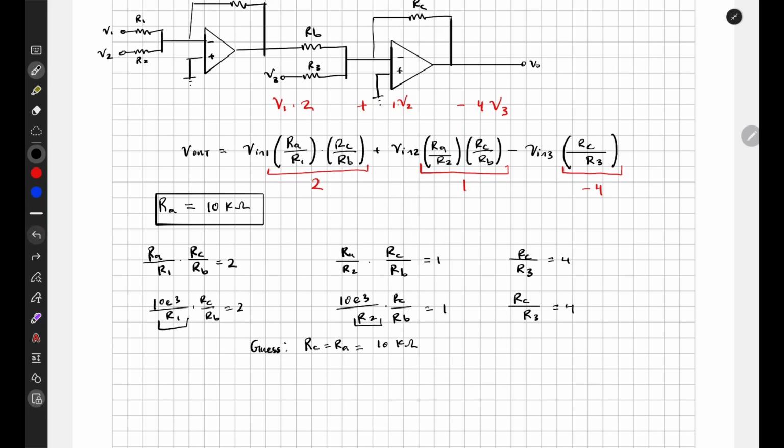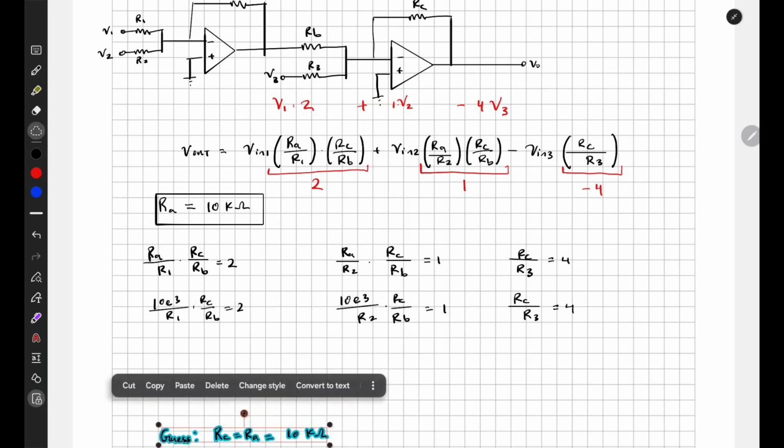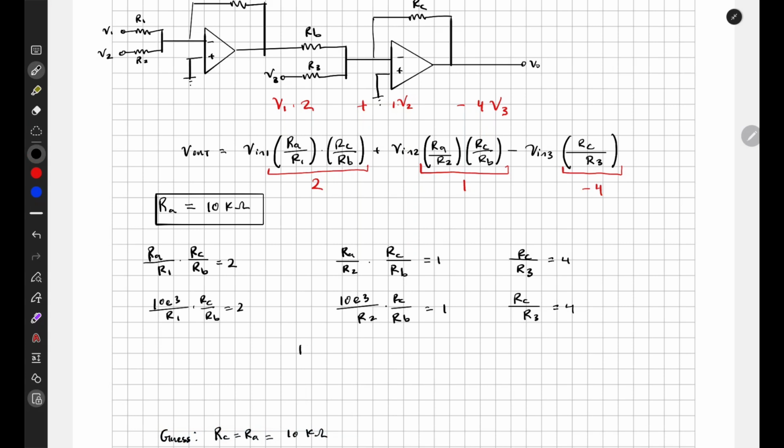So to write that out, that is how we came to this guess: R1 is equal to 1/2 times R2.